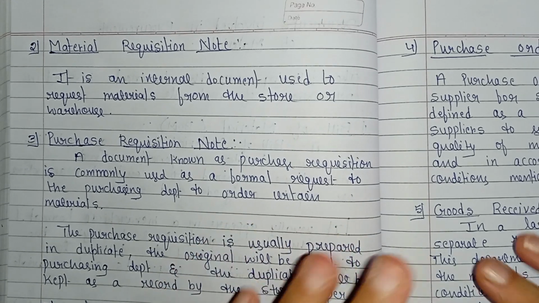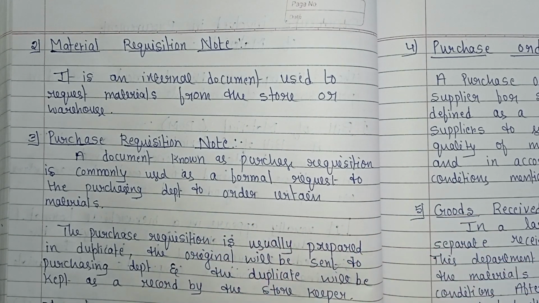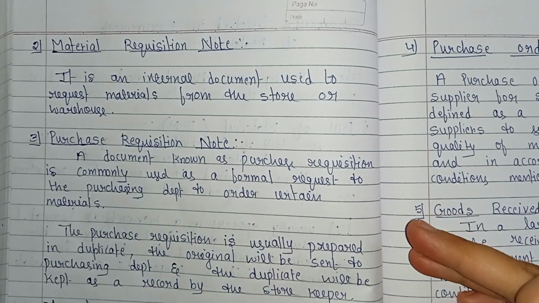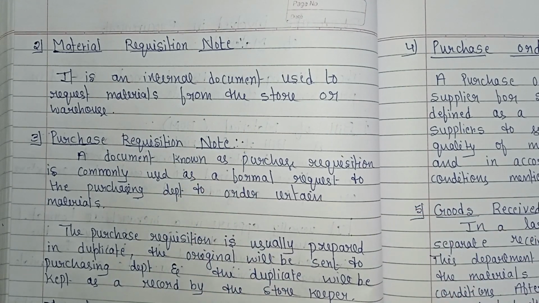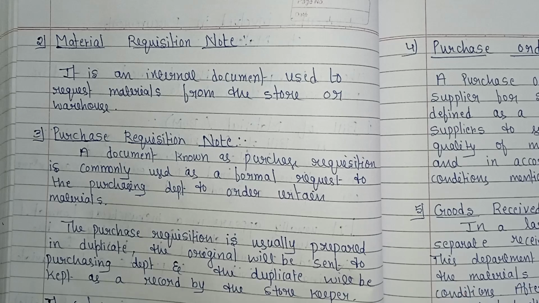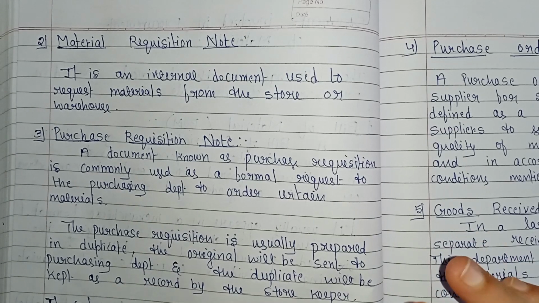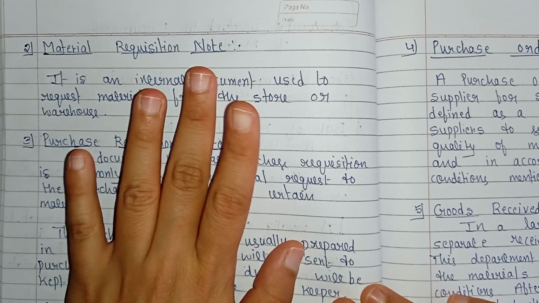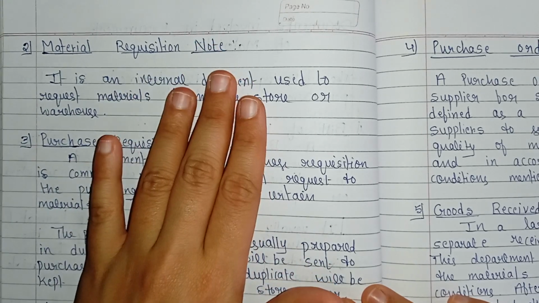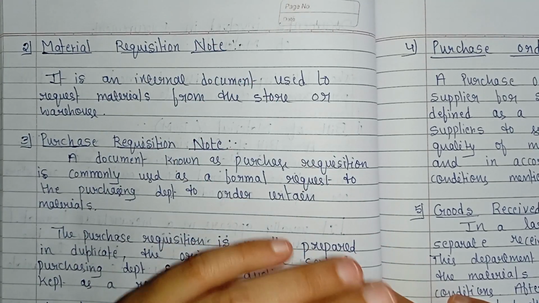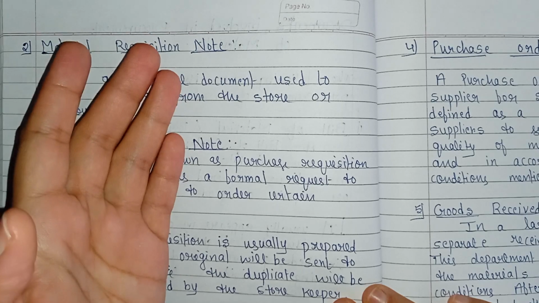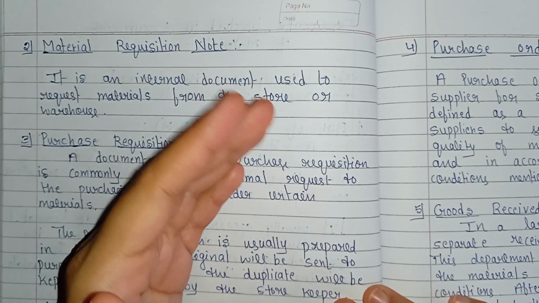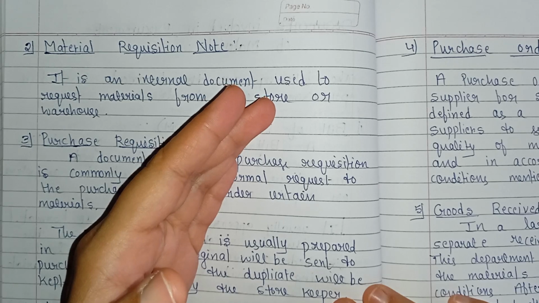So this document is usually raised by whom? By the production department or maintenance department or any internal unit that needs the materials for what? To carry out the work. Clear? Here this material requisition note specifies the type, quantity and purpose of the materials required: the type of materials, how much quantity, and the purpose, why we need the materials.